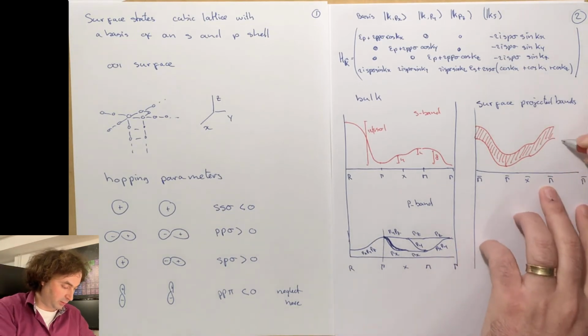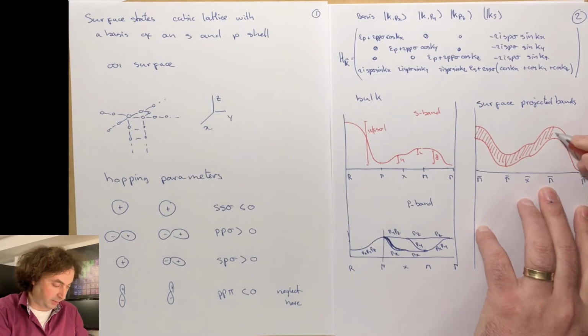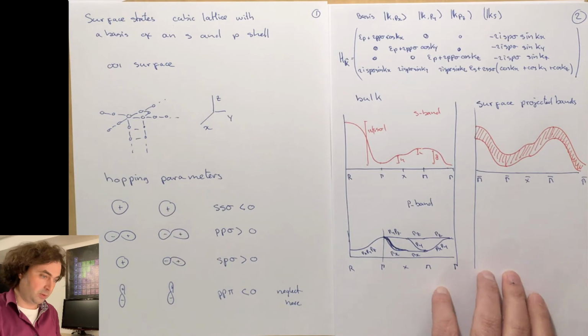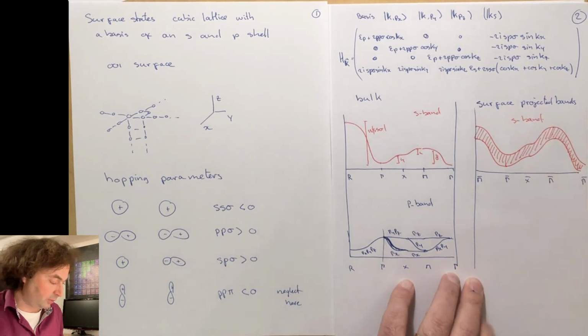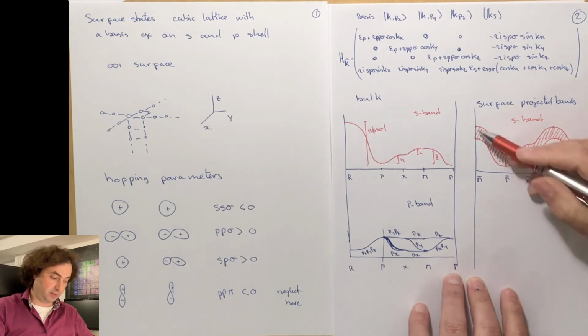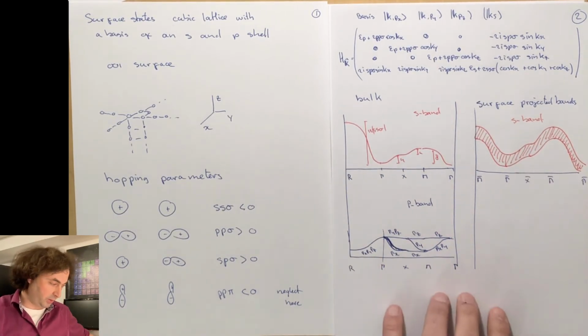And from M bar to gamma bar we disperse completely back to the minimum at gamma. So that's the s-band. Surface projected states: at those energies you will find eigenstates that can disperse into the continuum.